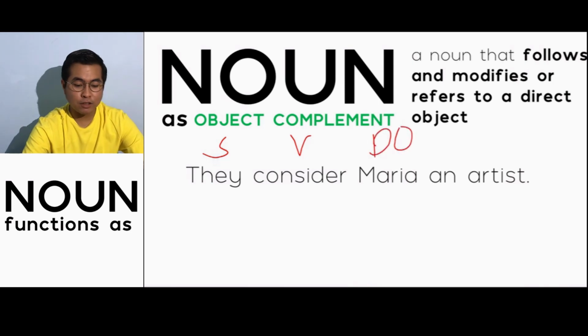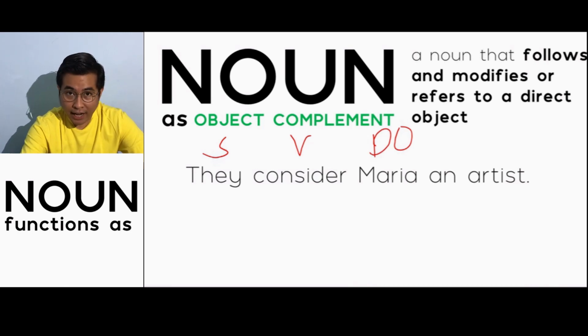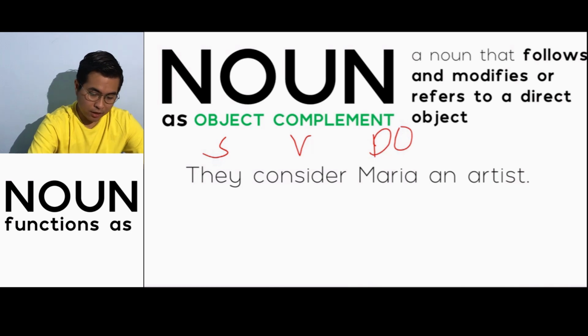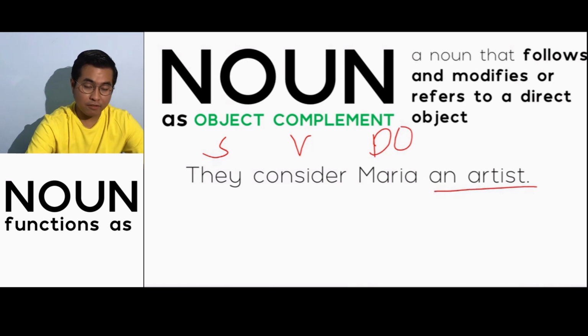You go back again to that definition of direct object. And then in the definition of object complement, it modifies the direct object. So the word after the direct object here is artist. Of course, an artist, that's a phrase.